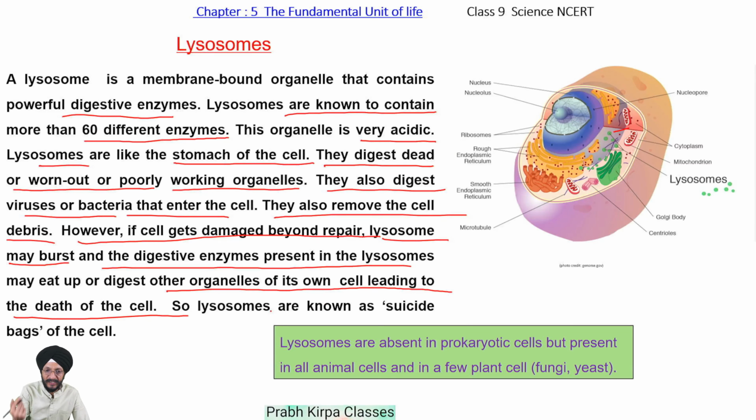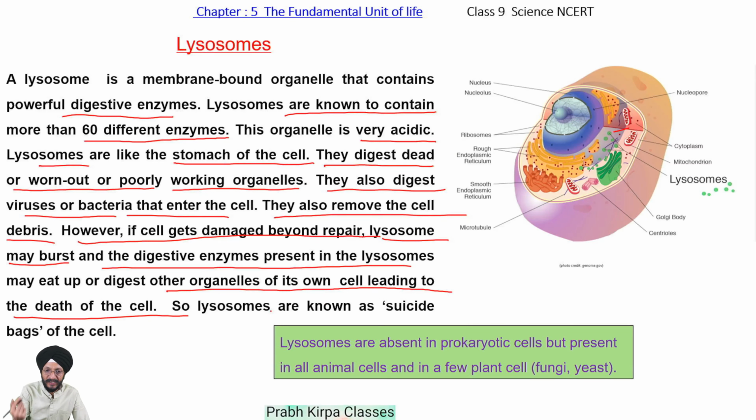Now we discuss another important organelle which is found inside the cell, and its name is mitochondria. Mitochondria are known as the powerhouse of the cell. Mitochondria is present in both plant as well as in animal cells.